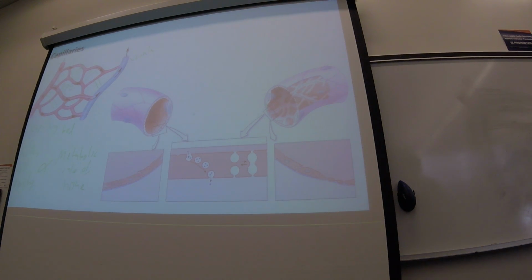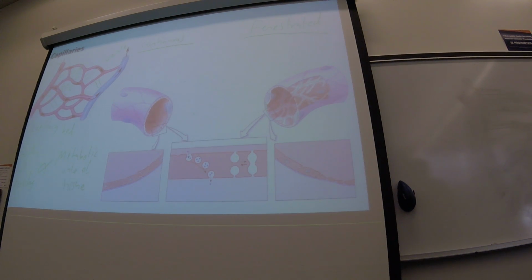So, generally there are two types of capillaries. We have something called continuous capillaries, and we have something called fenestrated capillaries. They're pretty similar, there are just some slight differences.